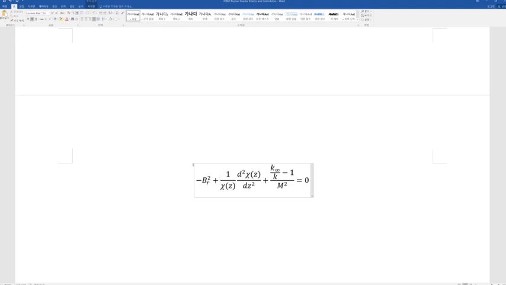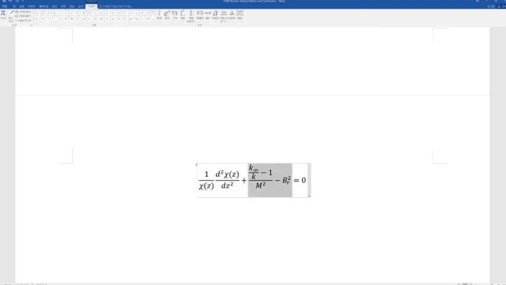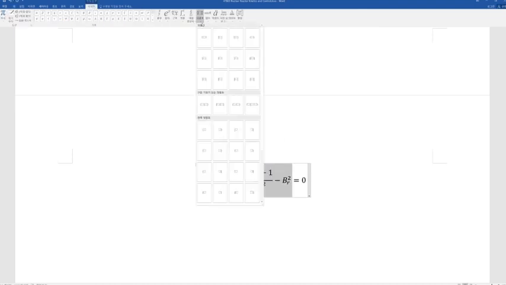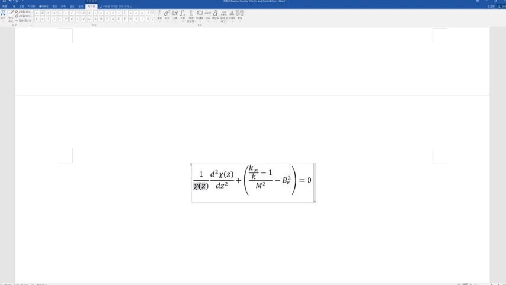With this equation, if we multiply chi to all the terms, I'm going to move minus Br squared to here, and if we multiply each term with chi of z, then we are going to get this equation for chi.